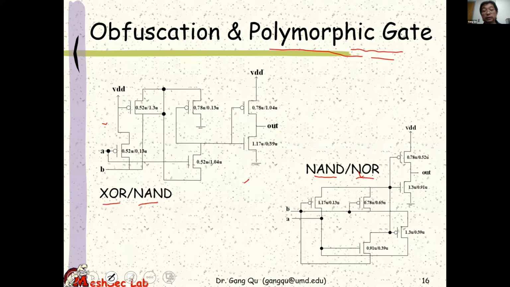So this increases the difficulty for people to do tests, verification, and assessment. If for some reason they decided to use polymorphic gates to do the logical obfuscation, then at this level we have to go to the circuit to verify this, and more important, to show how you can use this to obfuscate the design.